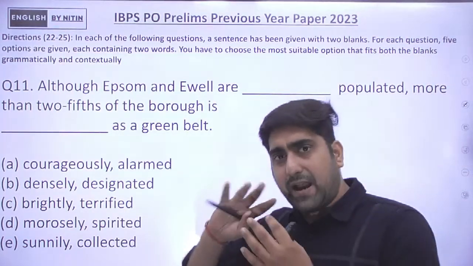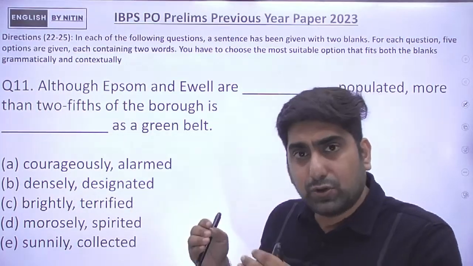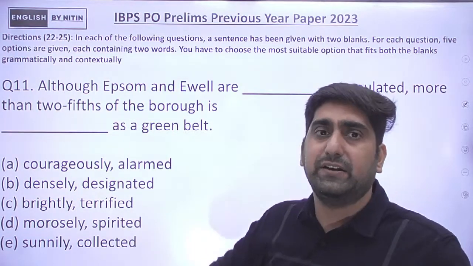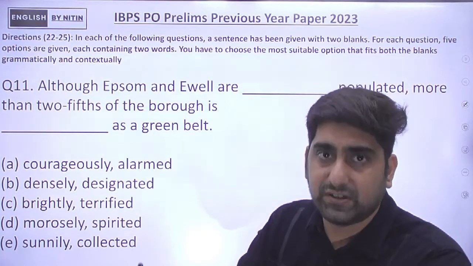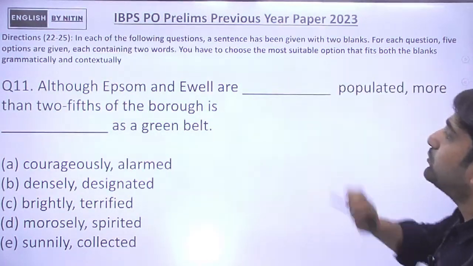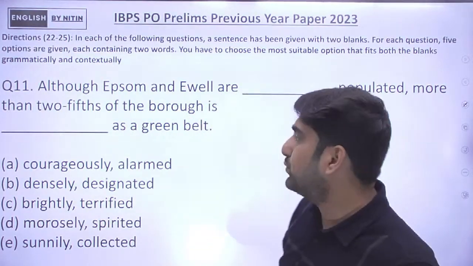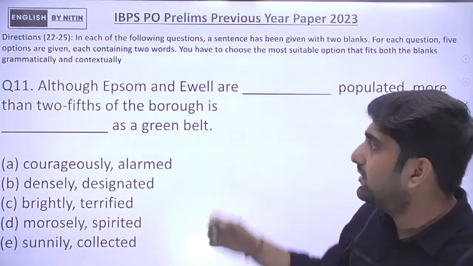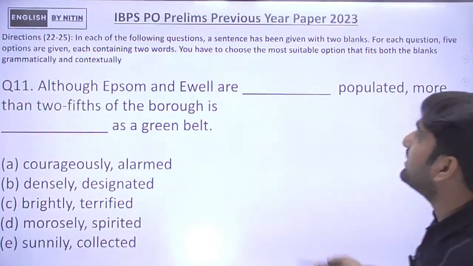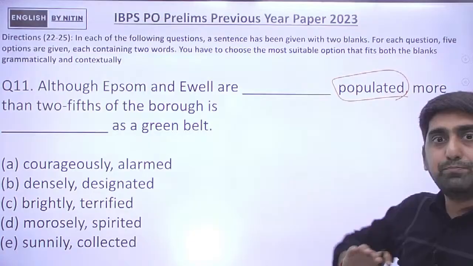The pattern of solving is again the same. Understand the context. The context itself gives you the idea of which word combination suits it best. So although Ipsum and Evil are two proper nouns, we have nothing to do with them. I guess they are nothing but names of places. So although Ipsum and Evil are populated, we are talking about population.